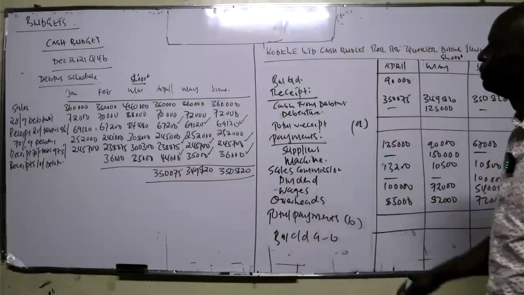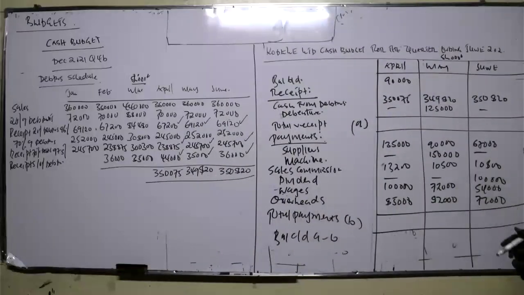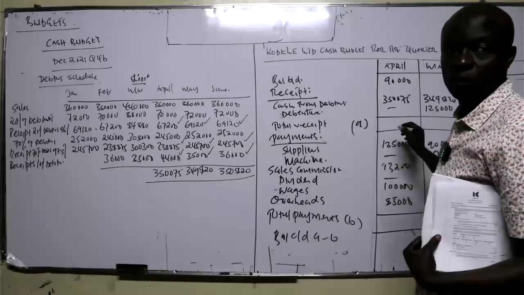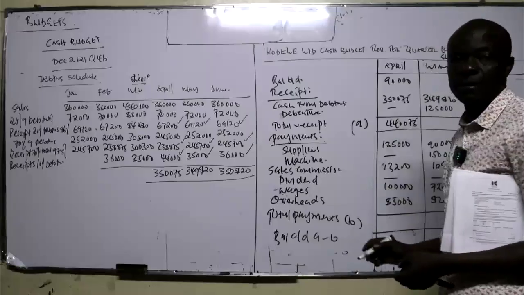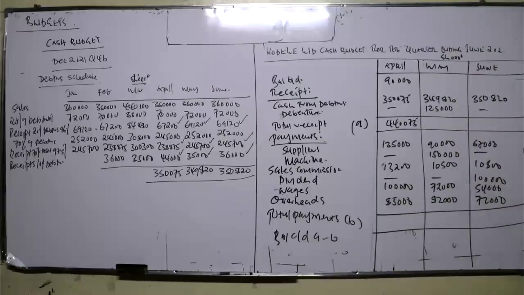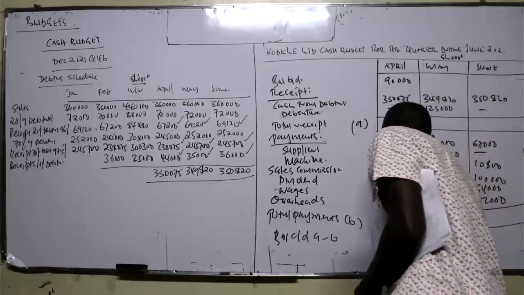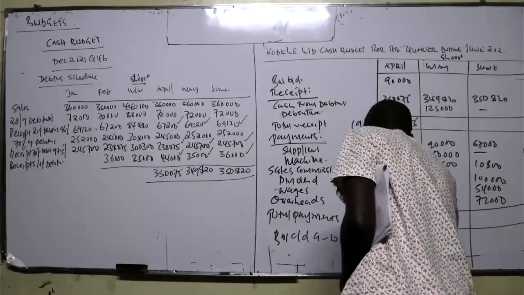So can we add? This is for 440,075. And the other one? 333,200.